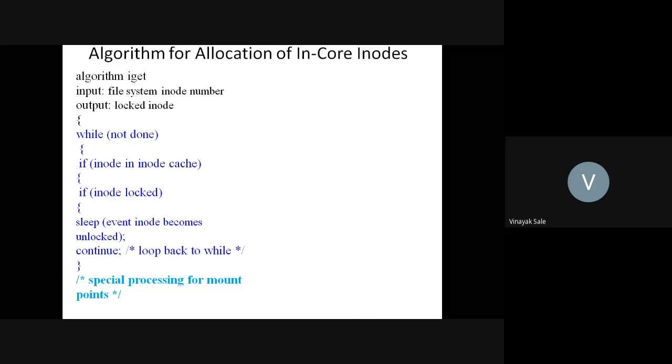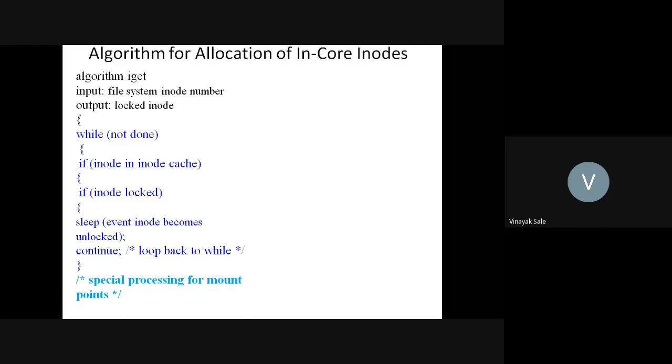Whenever the kernel searches for a particular inode and that inode is in the cache, the kernel checks whether it is busy or free.